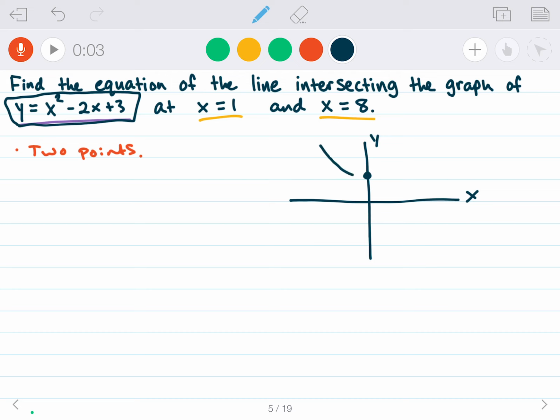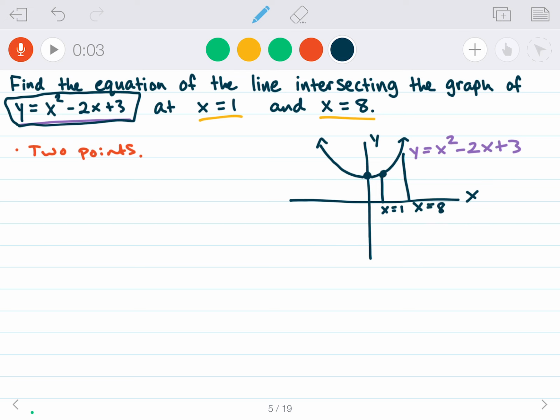Maybe it looks something like this if you were to put it in Desmos. So here's our equation of this graph that we're given, x squared minus 2x plus 3, and we want to find the line that hits it at x equals 1 and x equals 8. So perhaps this is x equals 1, and perhaps up here we have x equals 8.